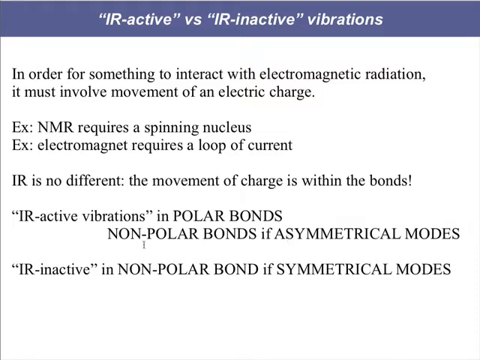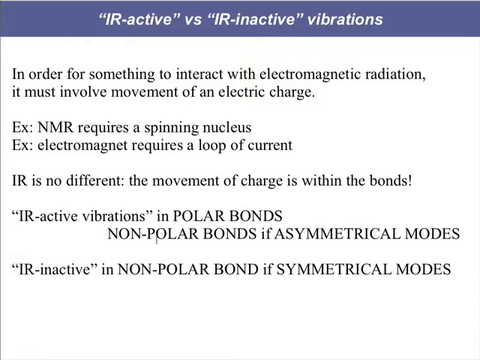So if we've got a non-polar bond, but it's stretching asymmetrically, that means that we're going to be moving electron distribution asymmetrically as that bond vibrates. All polar bonds will be IR active because no matter how we vibrate those bonds, the poles are going to move closer and farther away from each other, and that's going to change the amount of charge that is moving in that bond.